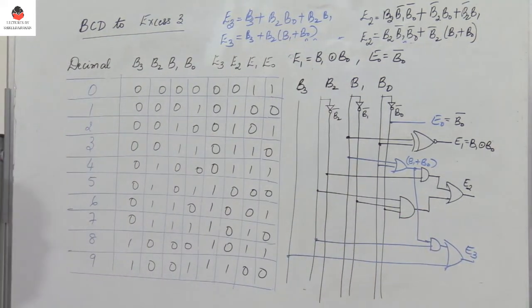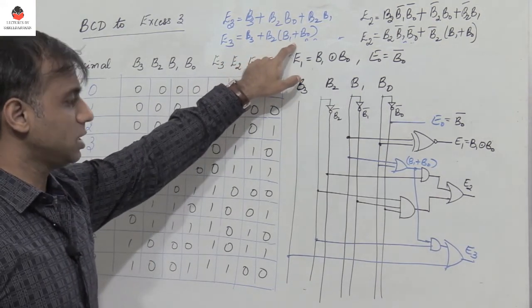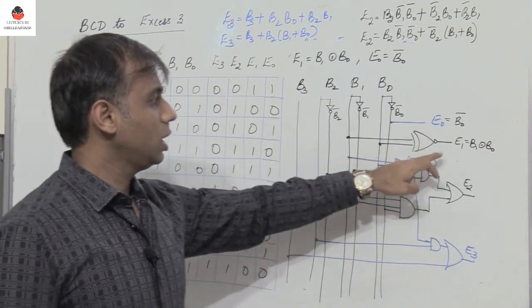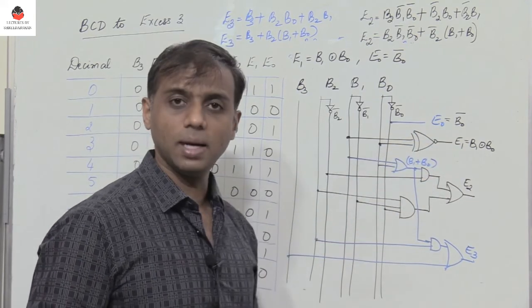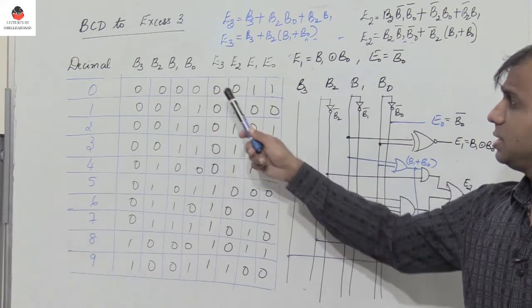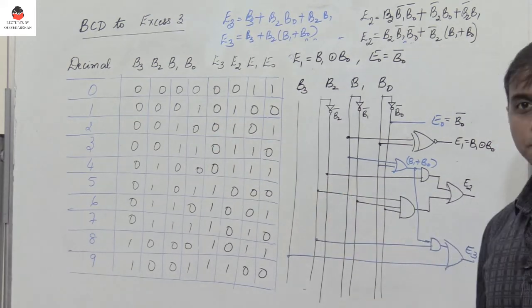So I get E3 here, which is given by the expression B3 plus B2 into B1 plus B0, and then I have E2 given by this expression, E1 is B1 XNOR B0 and E0 is B0 bar. So this is how we can design a BCD to XS3 code converter using gates.